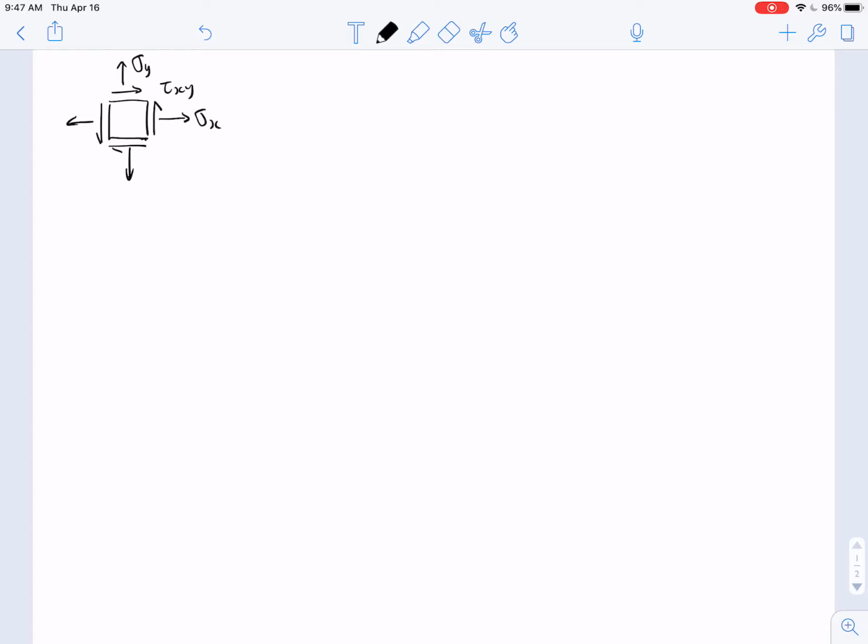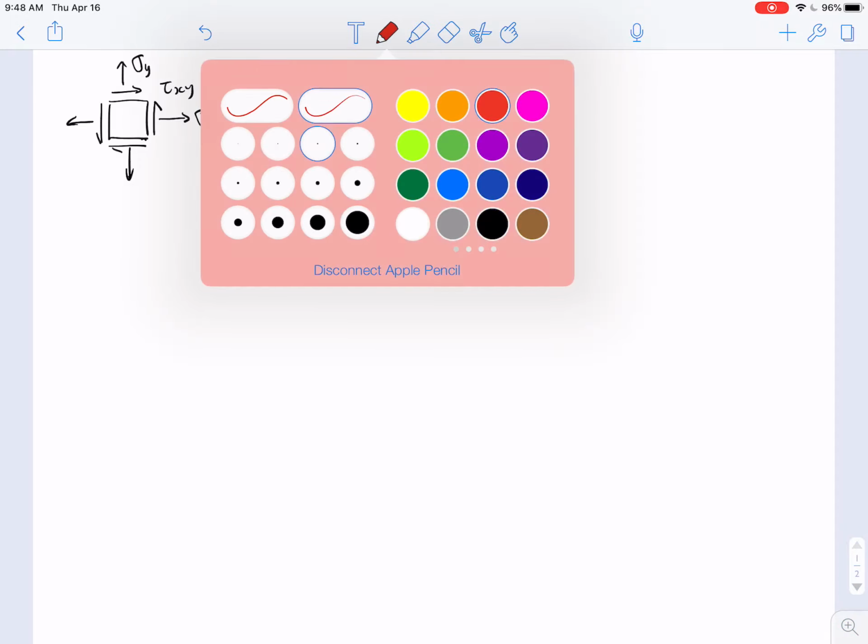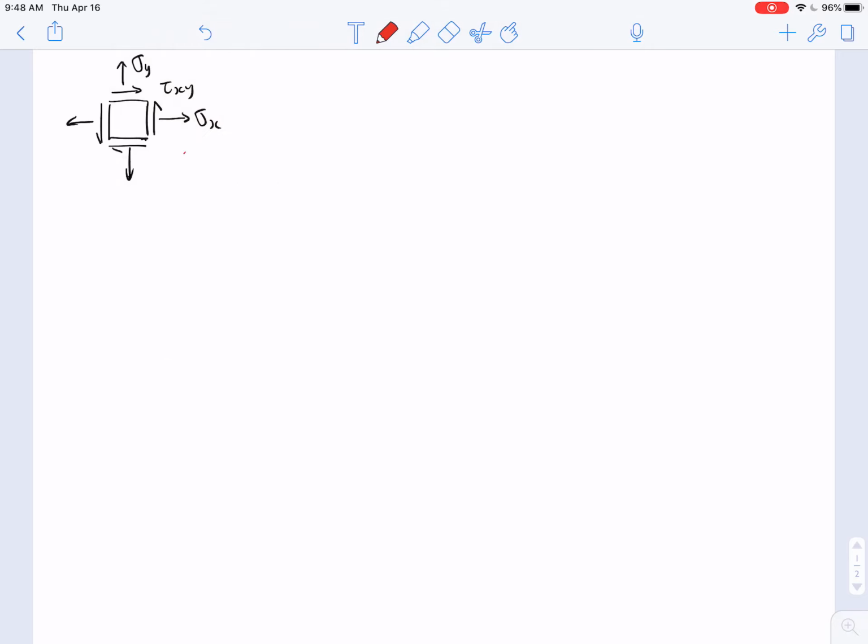Right? So here is a random stress element where you have these three components: sigma x, sigma y, and tau xy. Then we can draw these points in a coordinate system. Okay, let's draw a coordinate system here.